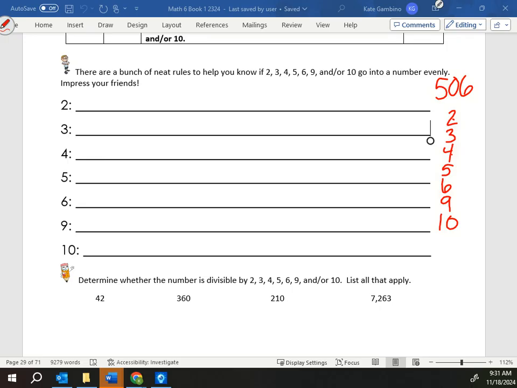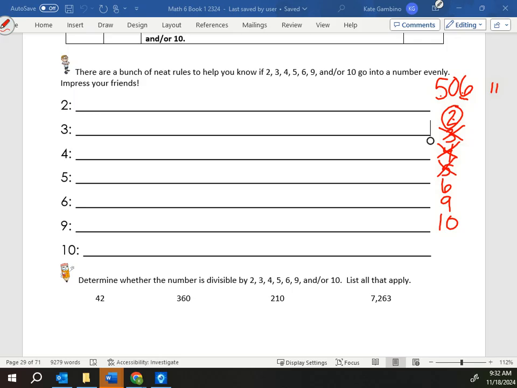Okay? Look at that. A 6 in that ones place means it's divisible by 2. 5 plus 6 is 11, not divisible by 3. 506 divided by 2 would be 253, not an even number. Doesn't have a 5 or a 0.